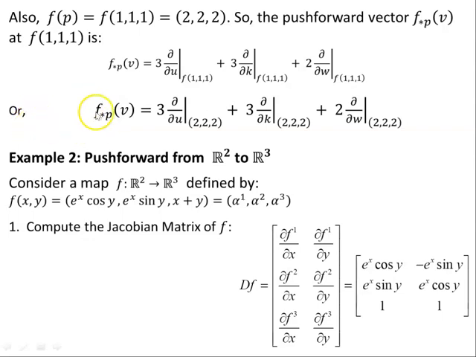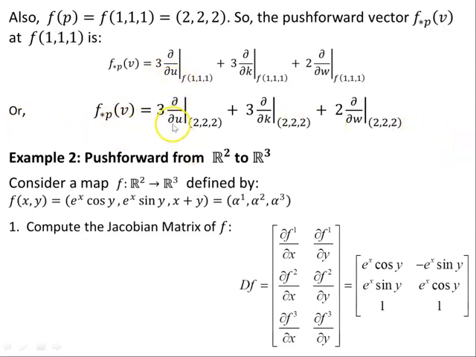Okay, when we tidy all that up, we get F star P of V, the vector V, is 3 times a unit vector in the u direction at the point (2, 2, 2). Remember how we got that? Plus 3 times the vector in the k direction, evaluated at the same point (2, 2, 2) on the manifold N. Remember, these are the values of the map on the manifold N. They have these coordinate values on the manifold N. And then plus 2 in the w direction, evaluated at the point (2, 2, 2) on the manifold N. And that's our vector.